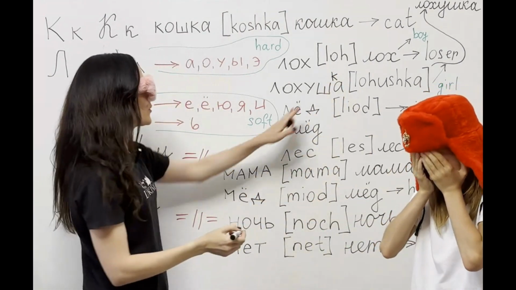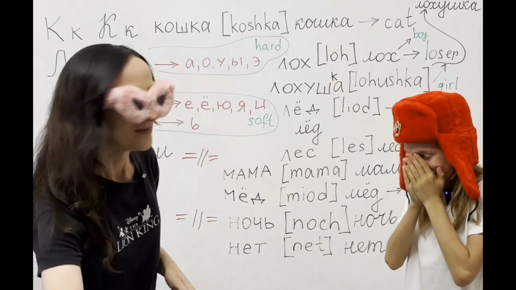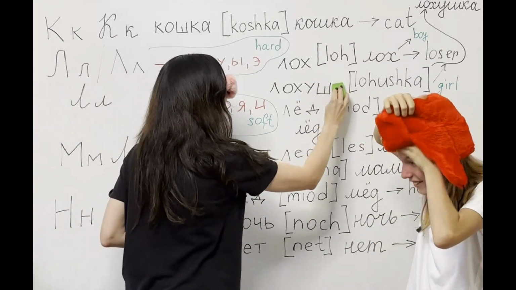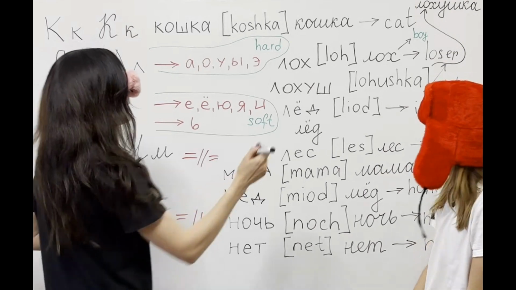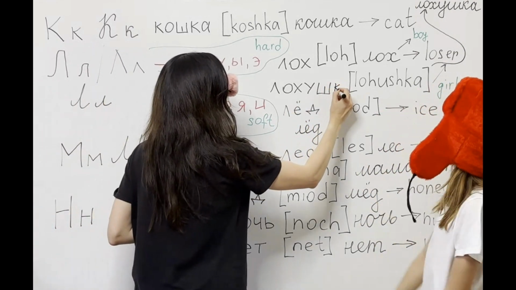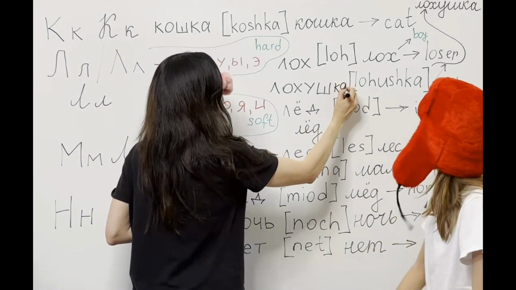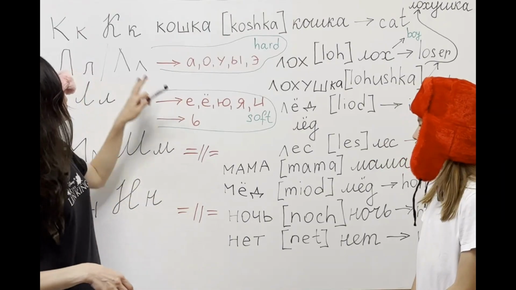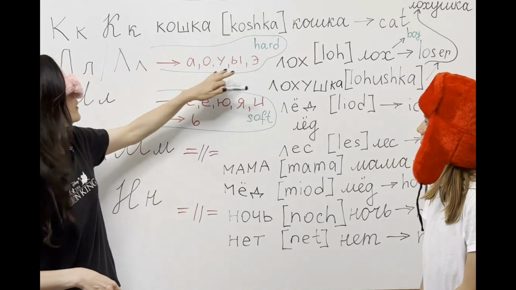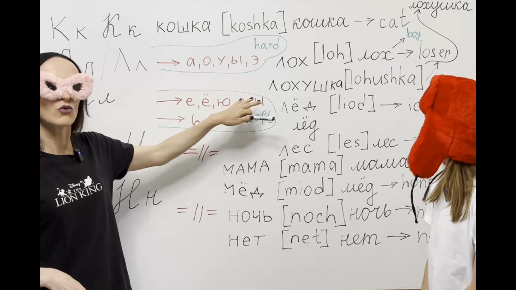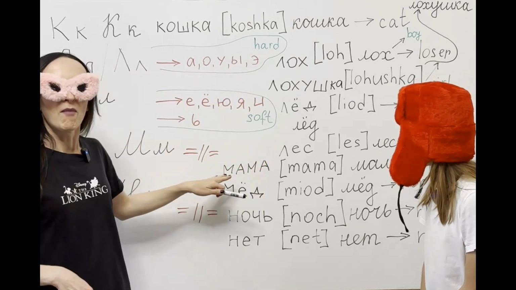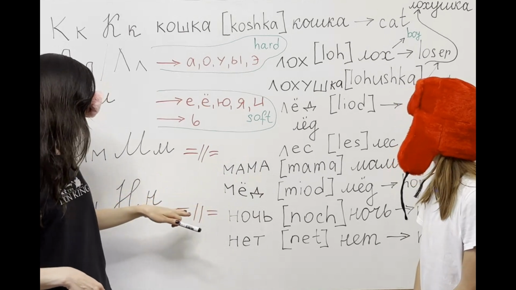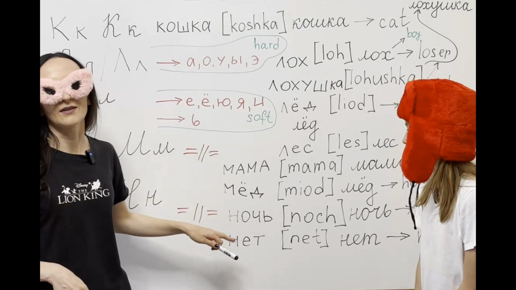We are so sorry. I made a mistake. Sorry. Again, кошка, лох, лохушка, лёд, лес, мама, мёд, ночь, нет.